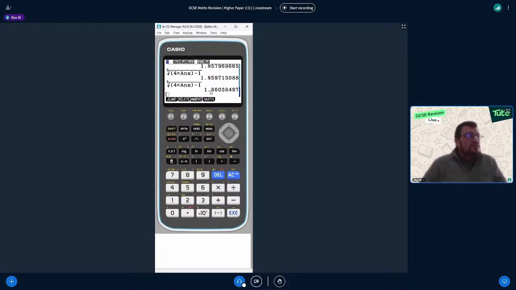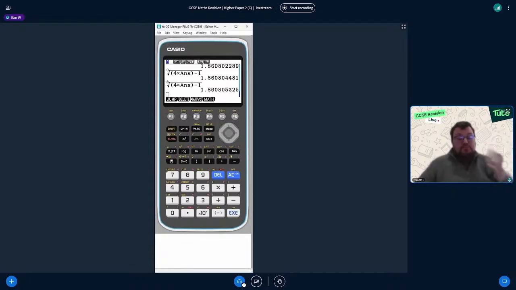So as you can see, it's rounded to 1 decimal place. It would be 1.9 probably. But what we're seeing is a pattern emerging. And you can do this again and again. But once it's locked in to that 4th decimal place, you can stop. As you can see, I've had 2 answers that to 4 decimal places, 1.8608.